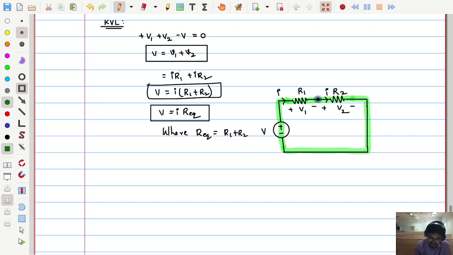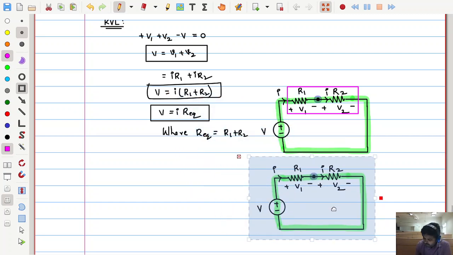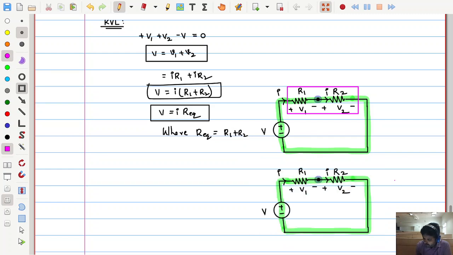These two series connected elements might be inside a box, where we can replace that box by one equivalent resistance instead of two resistors.